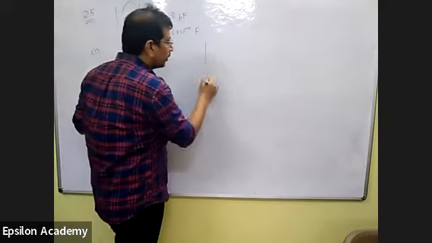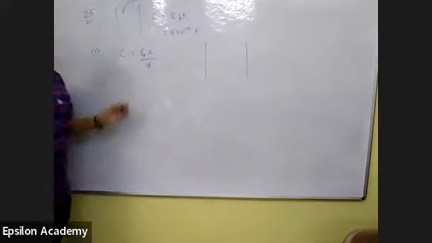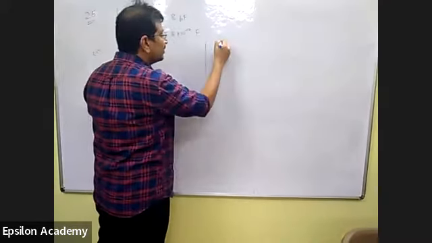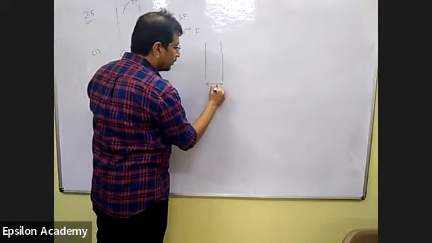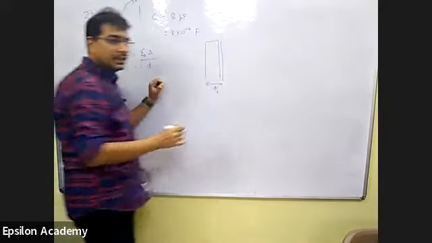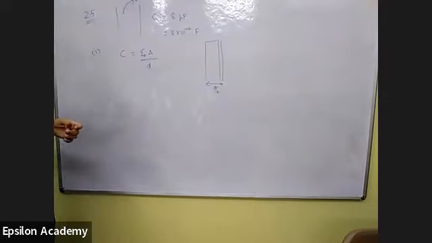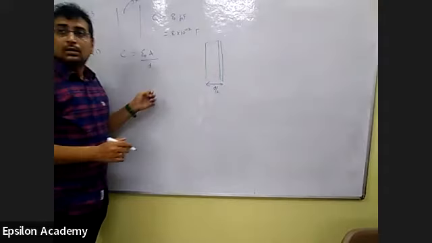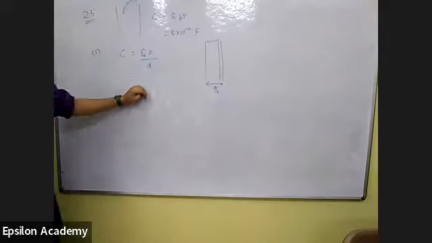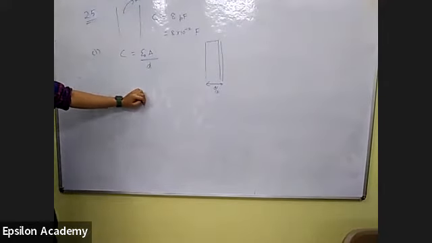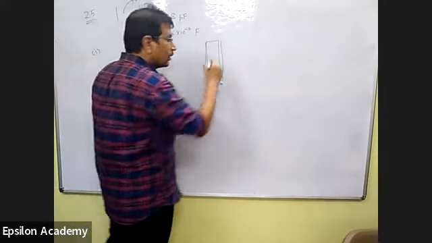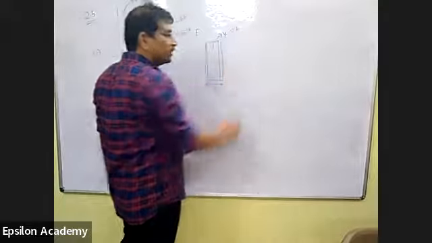In the second scenario, the distance between the plates is decreased by half, and the space between them is completely filled with the dielectric material. So K is equal to 6.